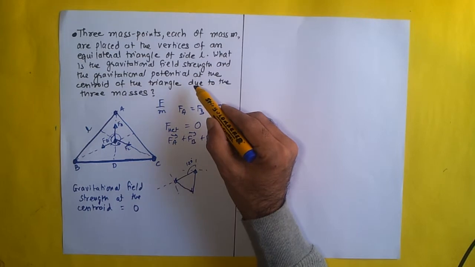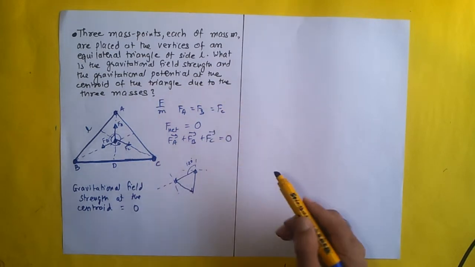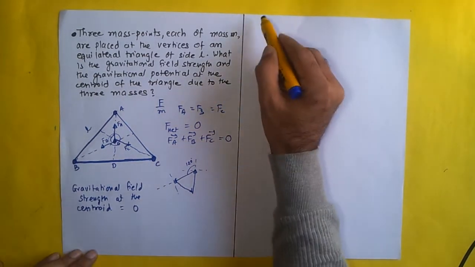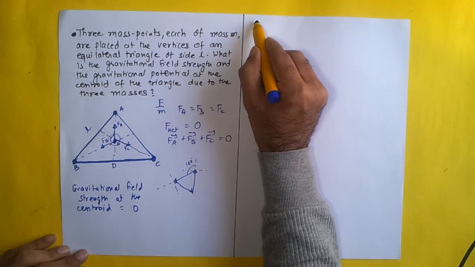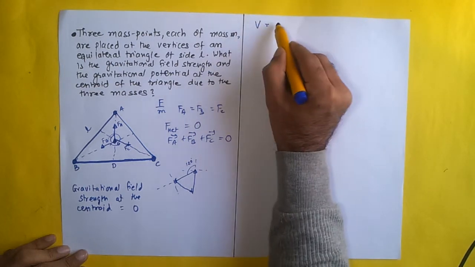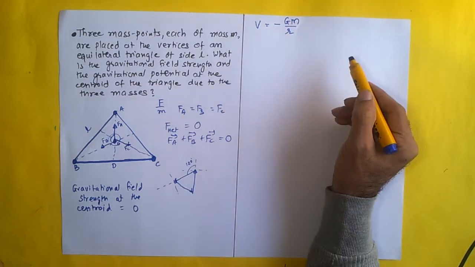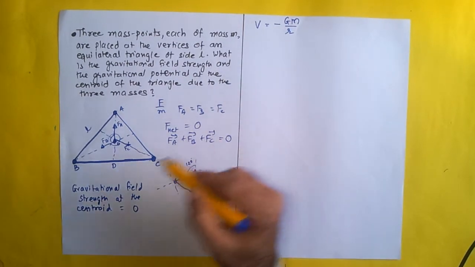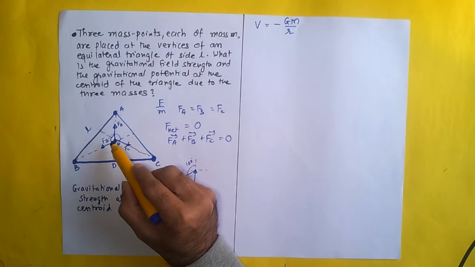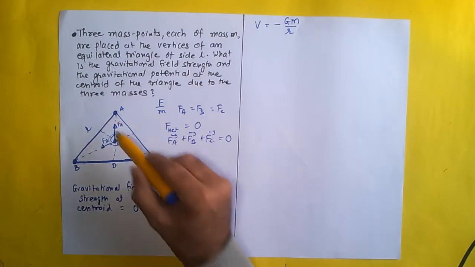Okay, let's move to gravitational potential. Now, gravitational potential we know is denoted by V and is given by Gm upon R. Again, in this case also, I have to find the gravitational potential because of all these three masses.